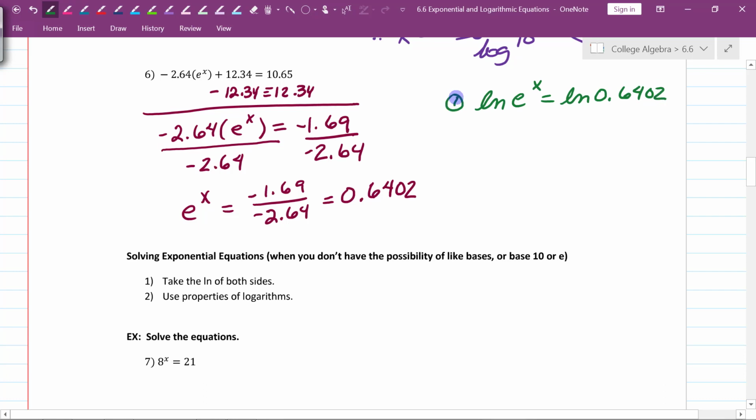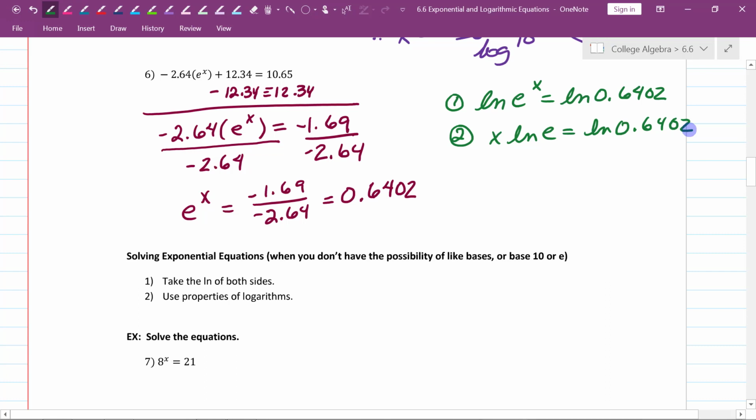That's step 1. Step 2, we're going to apply the power rule. So that's x natural log of e is equal to the natural log of 0.6402. Remember that the natural log of e is just equal to 1.